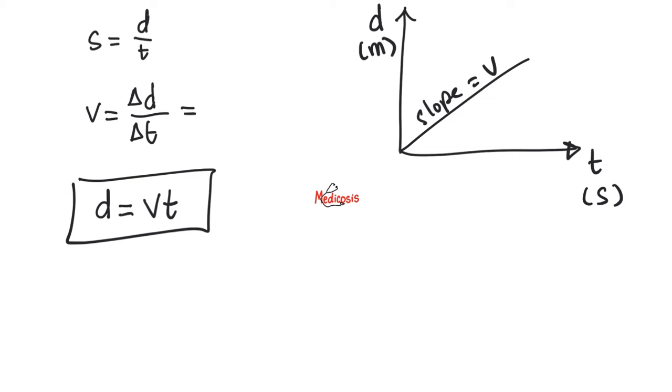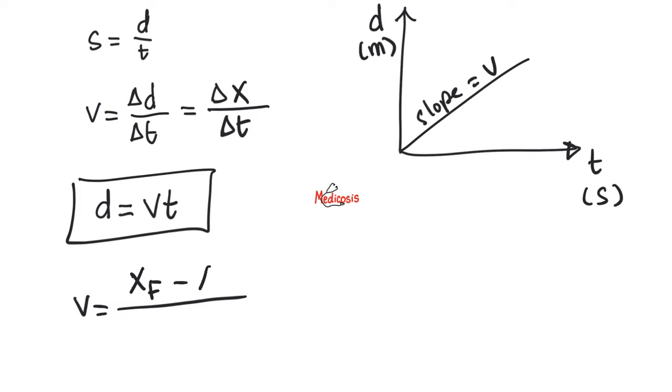There is another equation that you can play with: delta displacement over delta time. Let's just call the displacement this time x. This is the same thing, displacement over delta t, which means velocity equals the change in displacement over the change in time. What is the change in displacement? It is the final position minus the initial position over time.